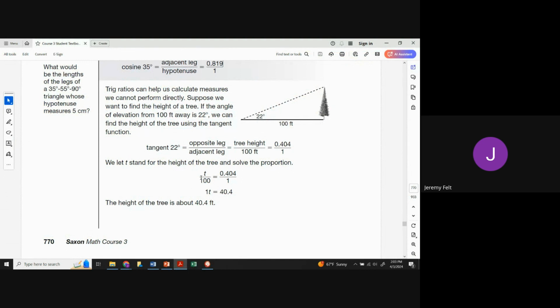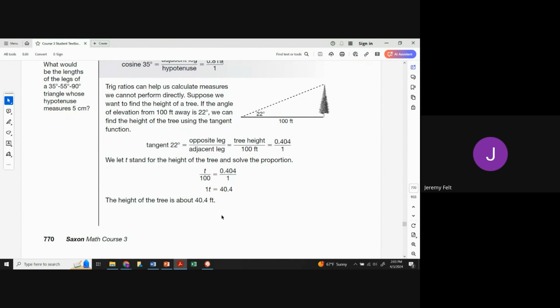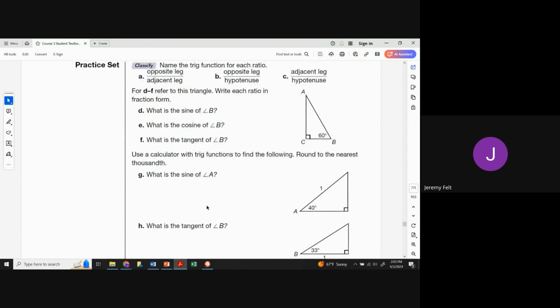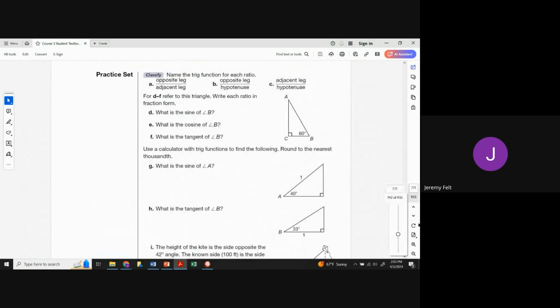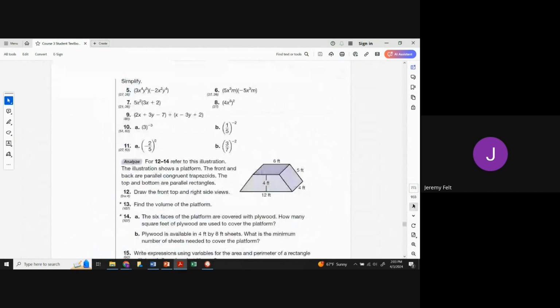The tree height over 100, t over 100, equals tangent of 22 over 1. And then we cross multiply and divide, and we get 40.4 feet. All right, and we'll do this one together, and that'll be it for this week. Good job.